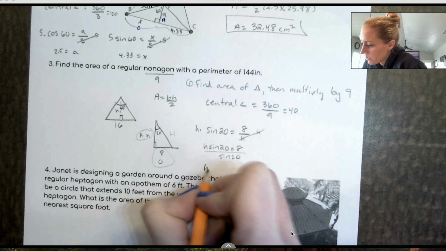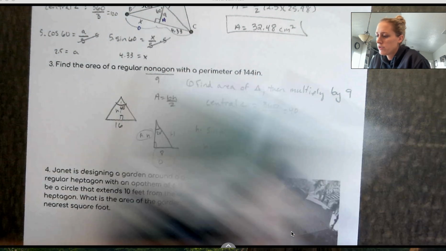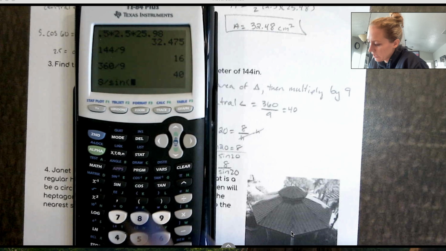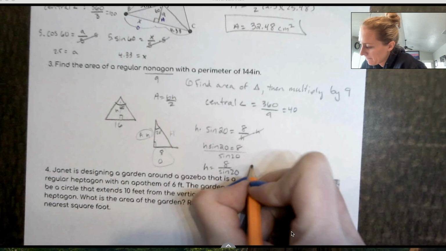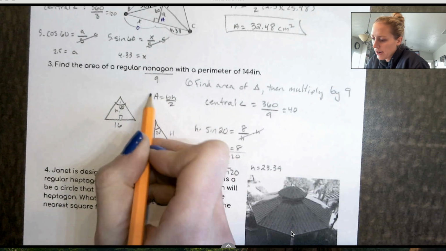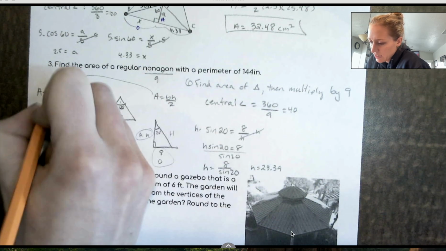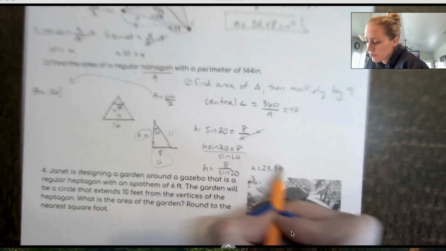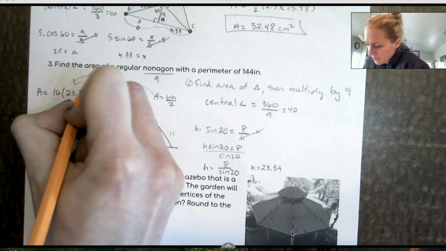So we have h equals 8 over sine 20. 8 divided by sine of 20 is 23.39. So area of a triangle: base was 16, the height we just found, 23.39, and then divide by 2.